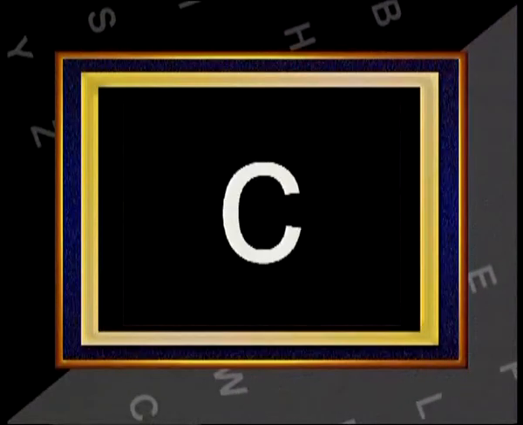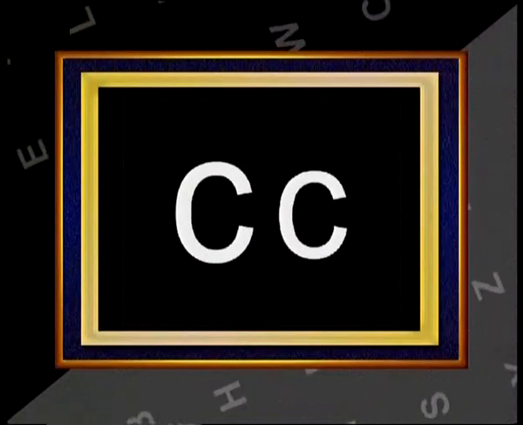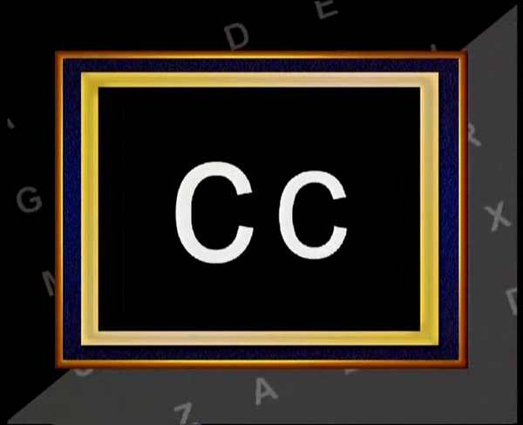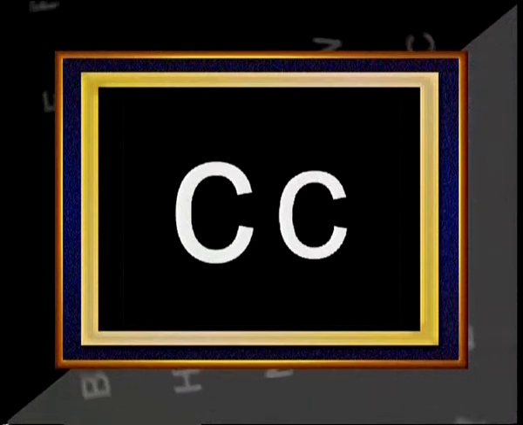For a capital C, we will take a big half circle. And now I will show you how to write a small c. Again, a small half circle. Kids, the only difference between a capital C and a small c is that a capital C is bigger in size and a small c is smaller in size. Just like you. Isn't it simple?